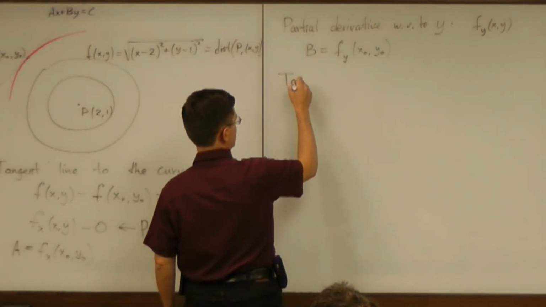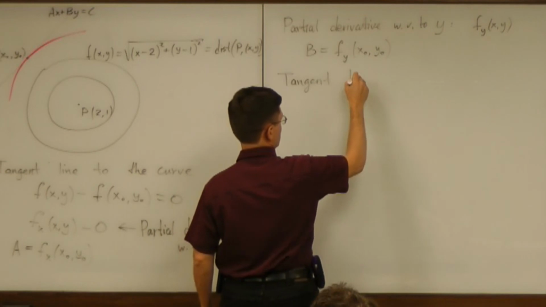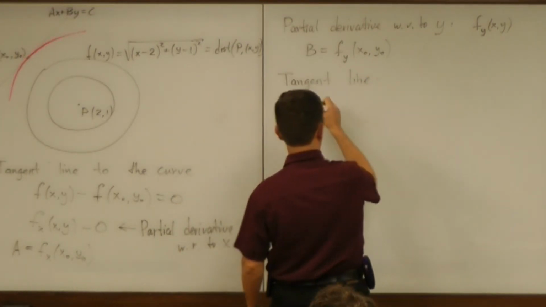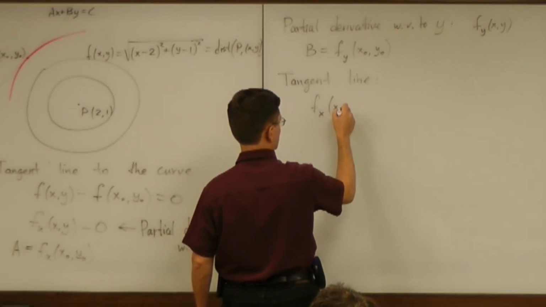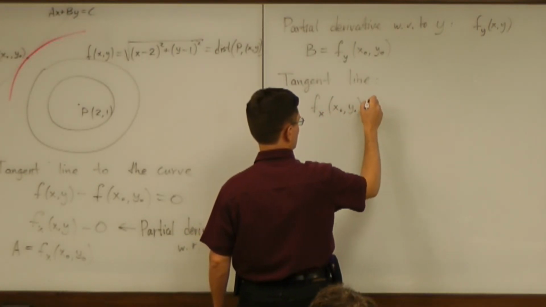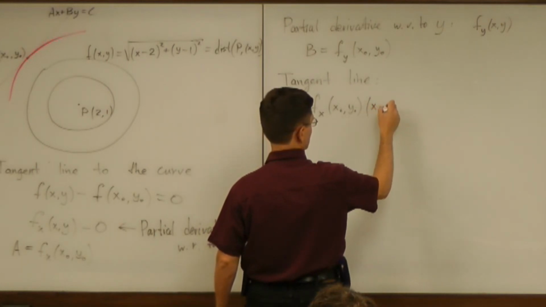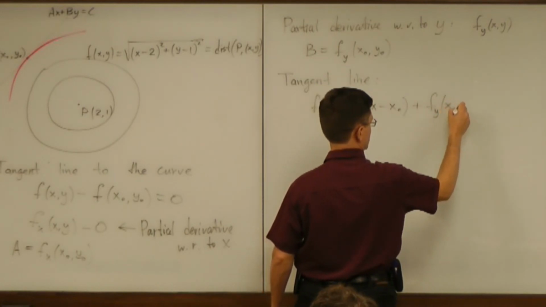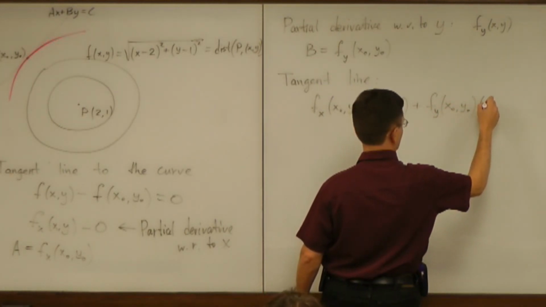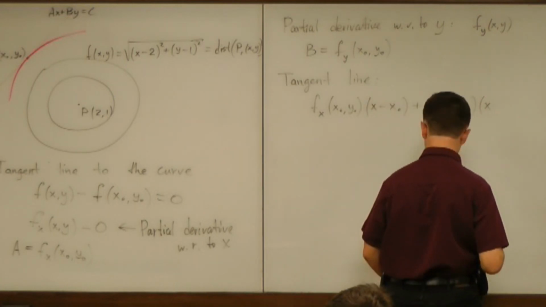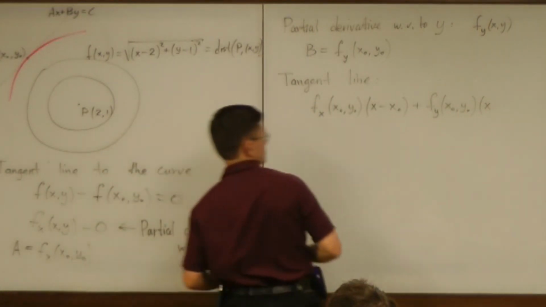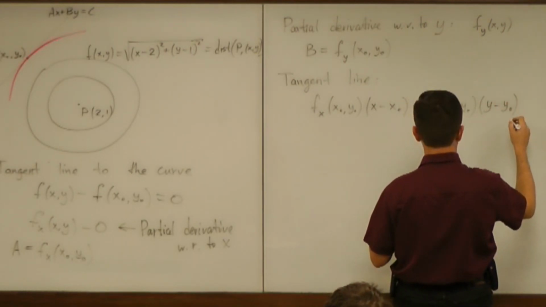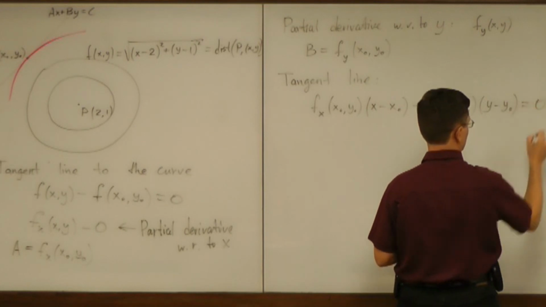So the tangent line has the equation fx at x0, y0 multiplied by x minus x0 plus fy at x0, y0 multiplied by y minus y0 equals 0.